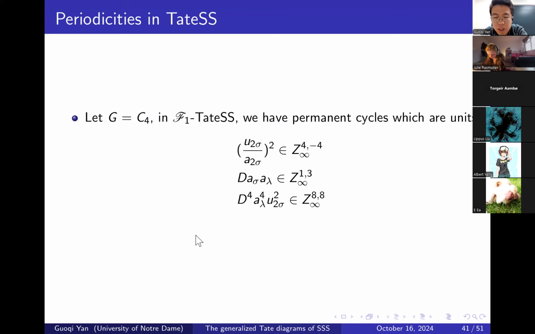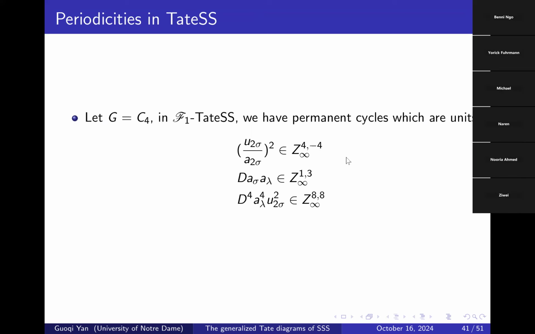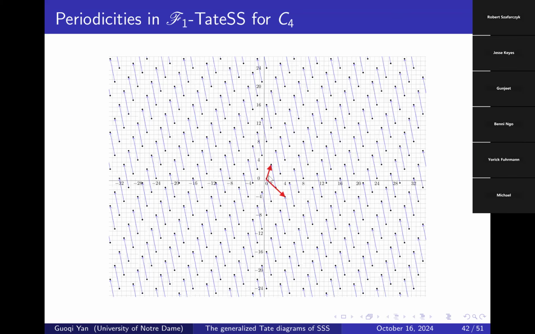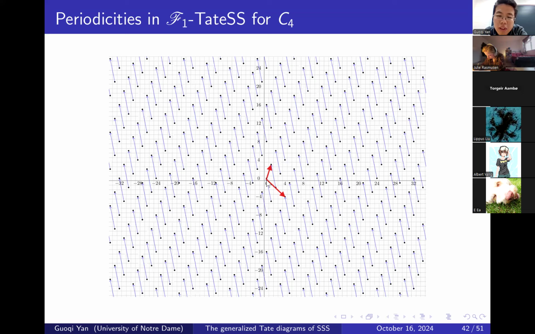So let's see from concrete examples. G is C4, and F_i is the family containing E and C2. So we have some periodicity classes. It's easier to look at them from the pictures. One of them is pointing towards (1, 3).